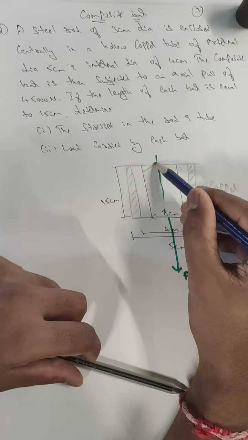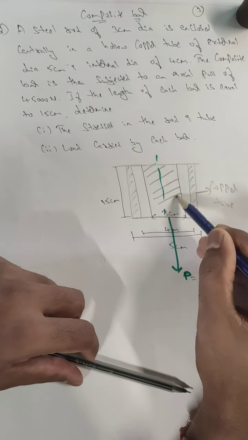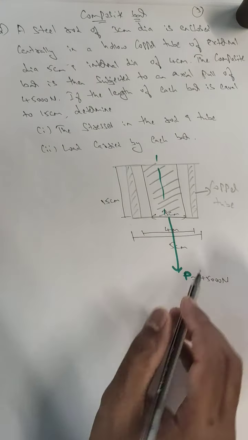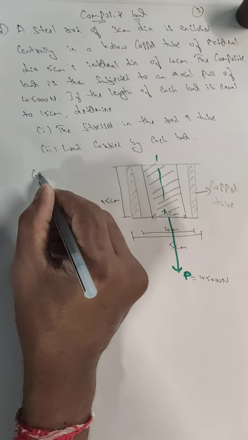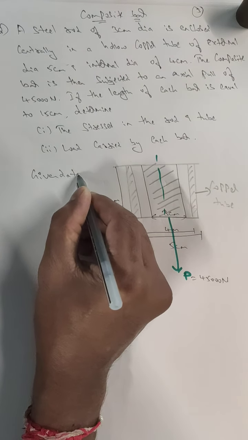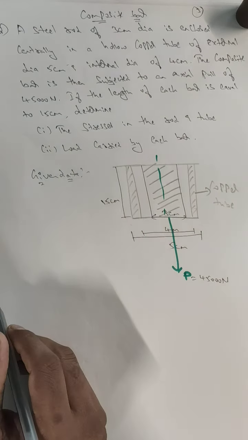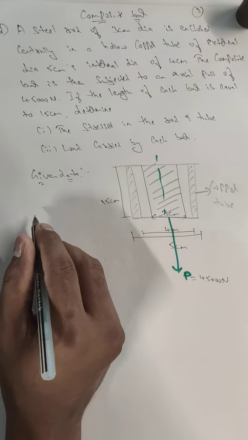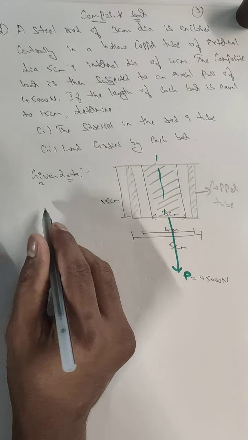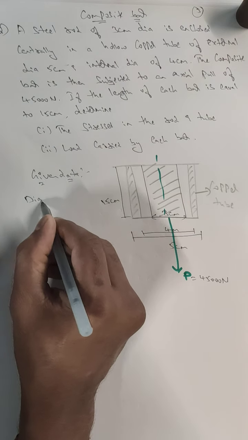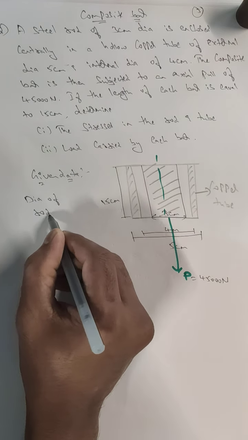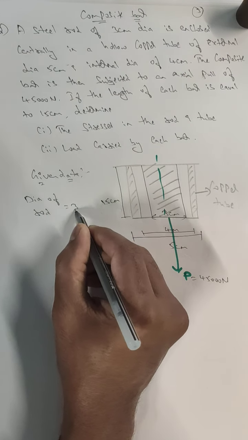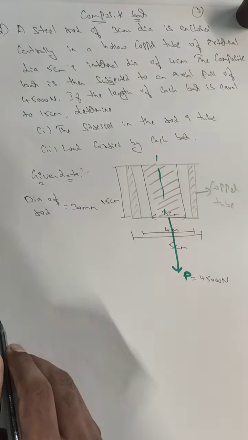So this is my rod and this is my copper tube. Before solving, let us write the given data and then solve quickly. The diameter of the rod is 3 centimeter, so you can write 30 mm.